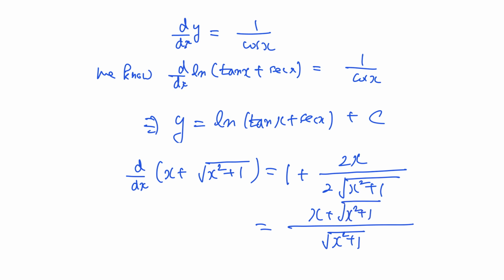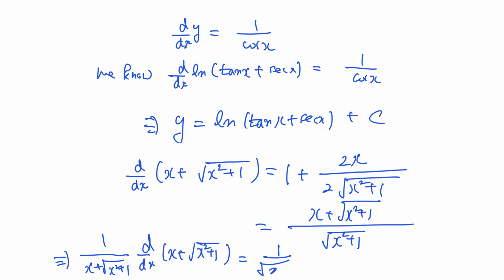So this is another logarithmic derivative: the derivative of x plus square root x squared plus 1 over x plus square root x squared plus 1, right? So this is nothing but d/dx of ln x plus square root x squared plus 1.